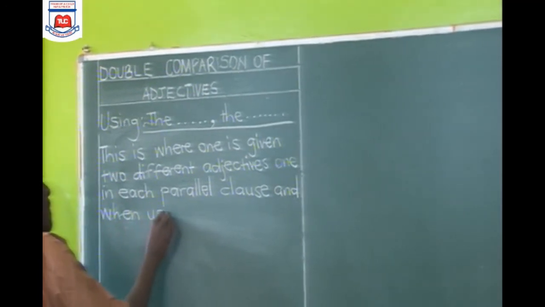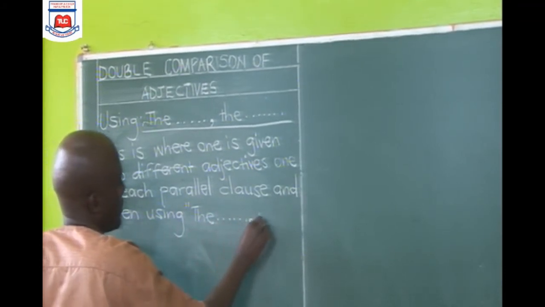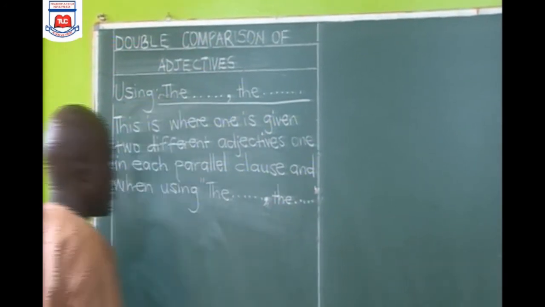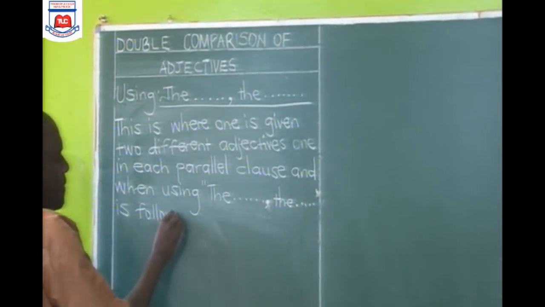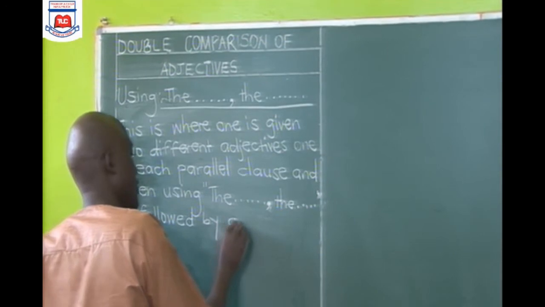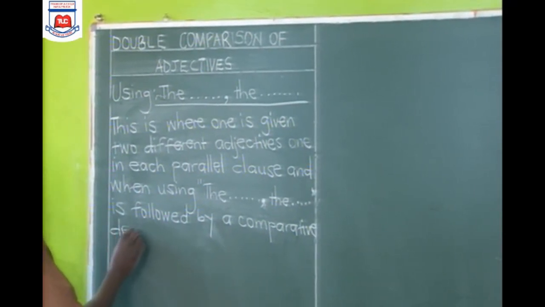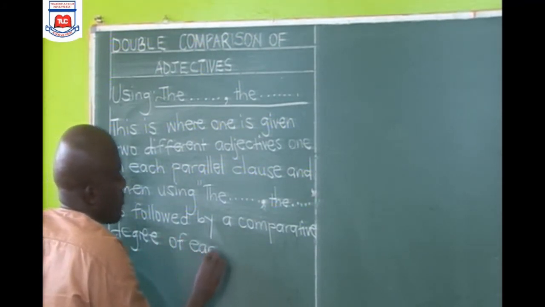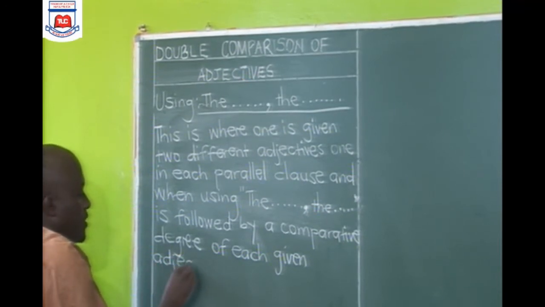When using "the," and "the" is followed by a comparative degree of each given adjective.